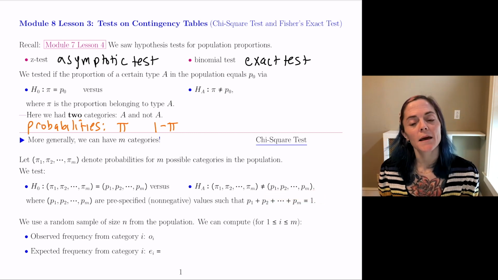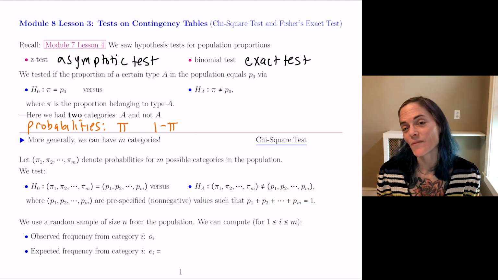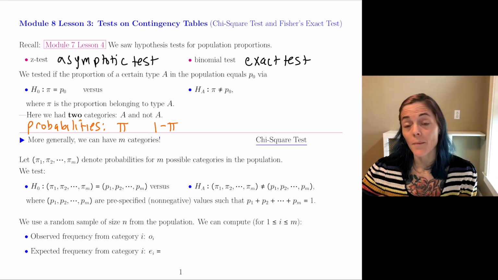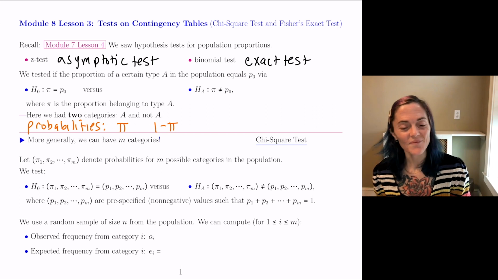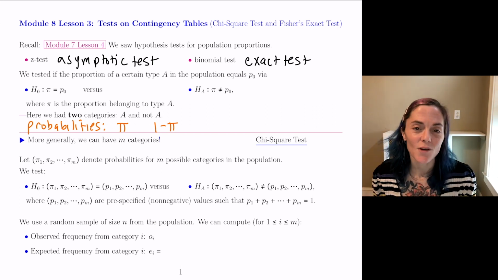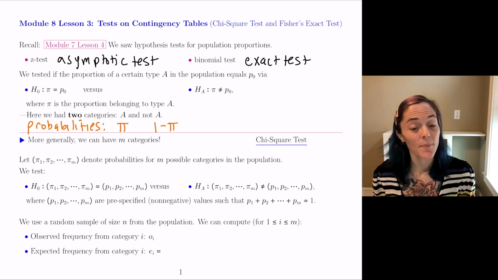Here, p1 through pm have to be non-negative because they're probabilities, and the sum of all of the pi's must equal 1. How can we test this null versus this alternative hypothesis?